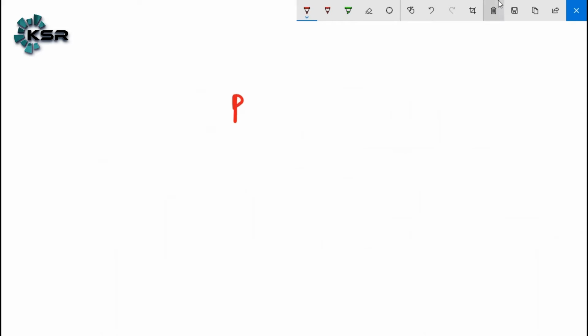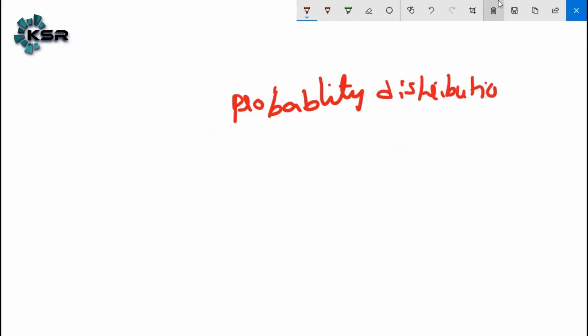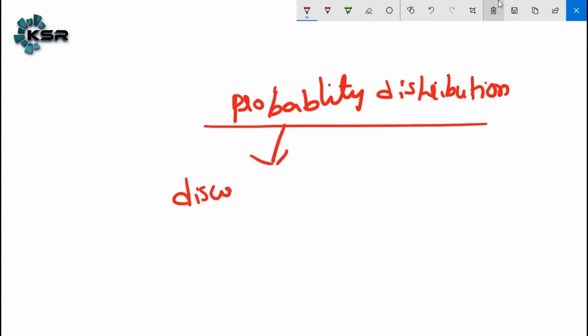First one will be discrete distribution. Second one is continuous distribution.